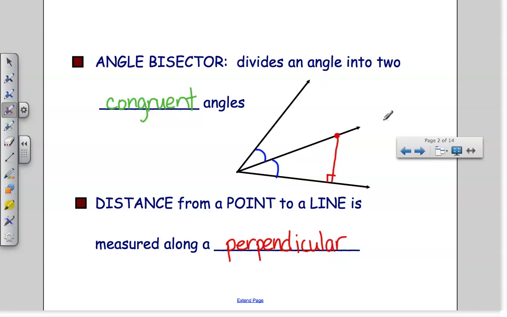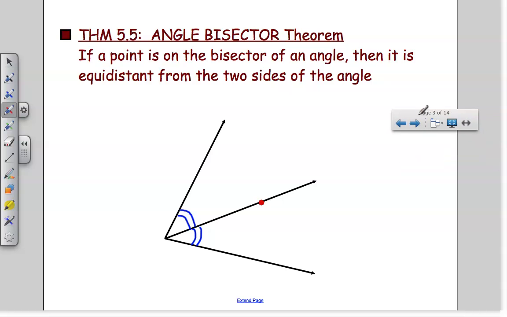So, talking about angle bisectors today, what makes them special? Here we have the angle bisector theorem. If a point is on the bisector of an angle, then it is equidistant from the two sides of the angle. So we have a point here. It is on the bisector of the angle because I know this is an angle bisector, since I have two congruent angles. Therefore, this does bisect this angle in half. I have a point on that bisector.